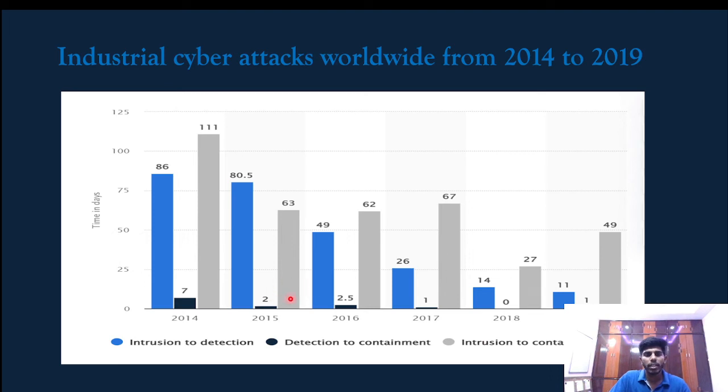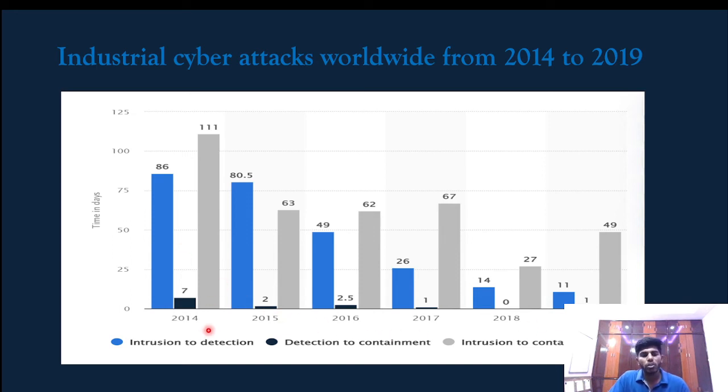Here are some different kinds of graphs about the industrial cyber attacks from 2014 to 2019, worldwide. From intrusion to detection, and detection to containment. As we see here, it is decreasing from year to year and is not as high as from 2014 to 2019.